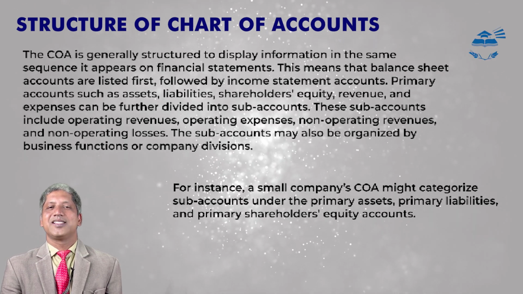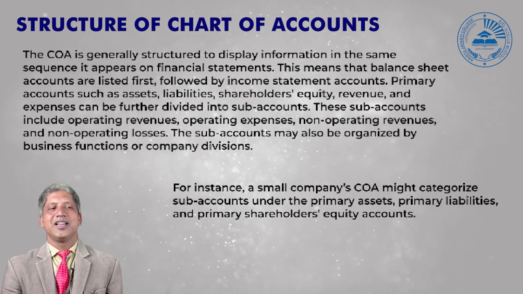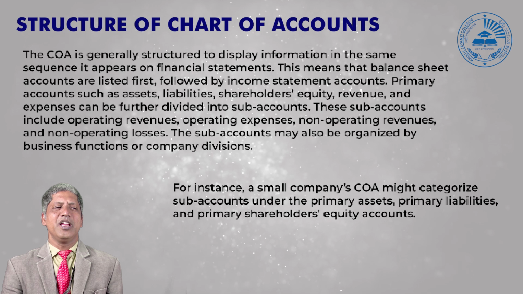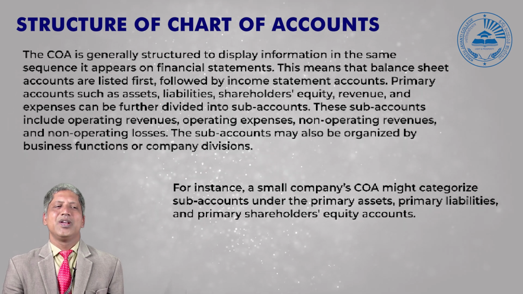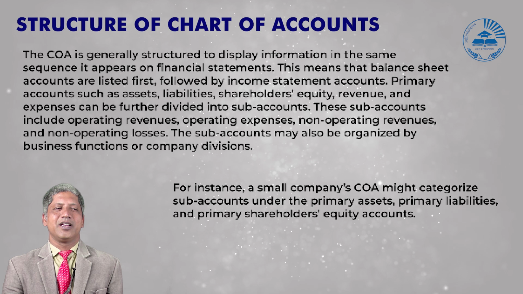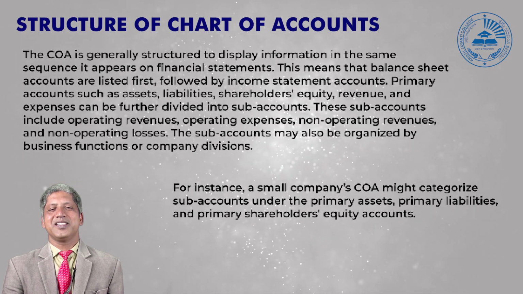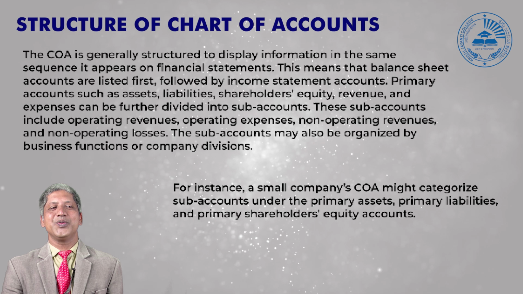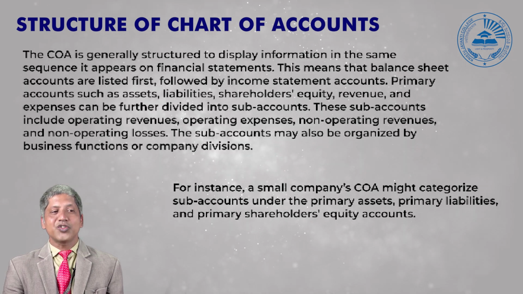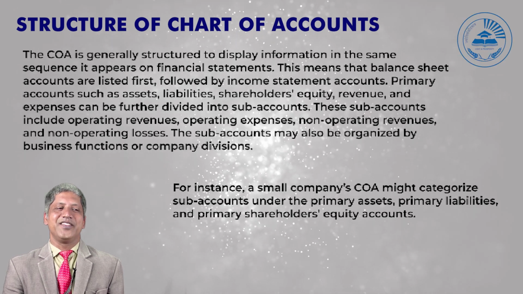Primary accounts such as assets, liabilities, shareholders' equity, revenue and expenses can be further divided into sub accounts. These sub accounts include operating revenue, operating expenses, non-operating revenues, and non-operating losses. The sub accounts may also be organized by business functions or company divisions.